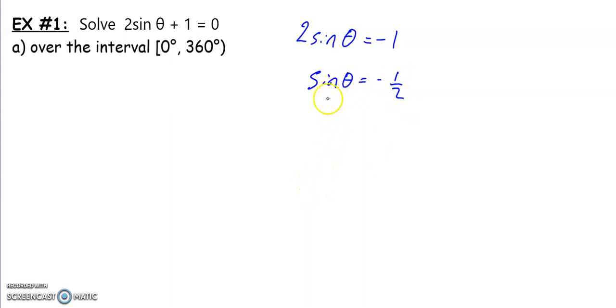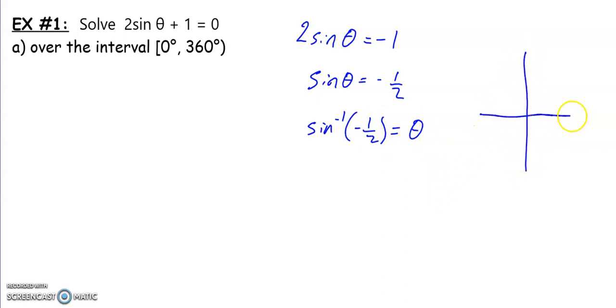I need to figure out what theta is. So to figure out what theta is, I'm going to take the inverse sine of negative 1/2, and that'll tell me theta. Well, when we are looking at our unit circle from 0 to 360, where is sine negative 1/2?